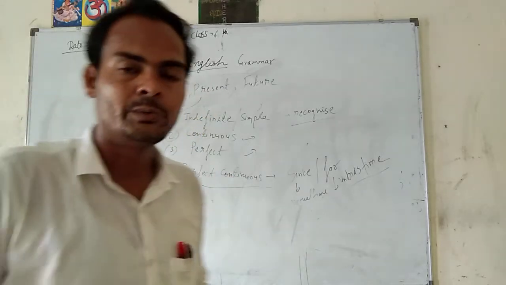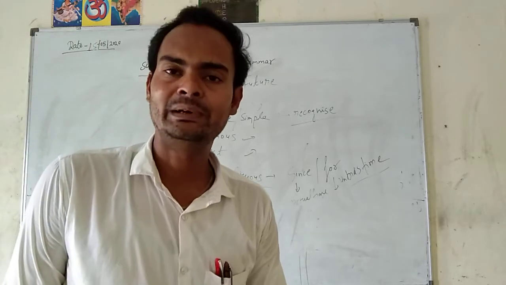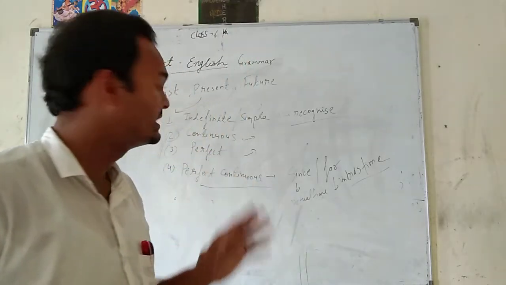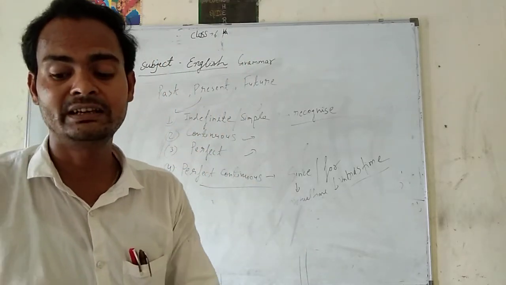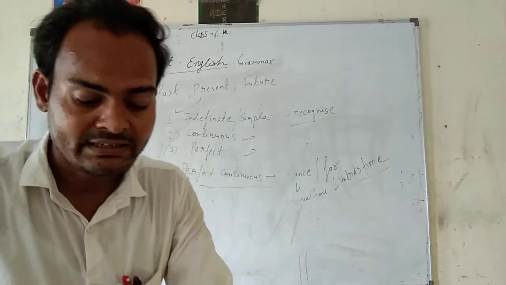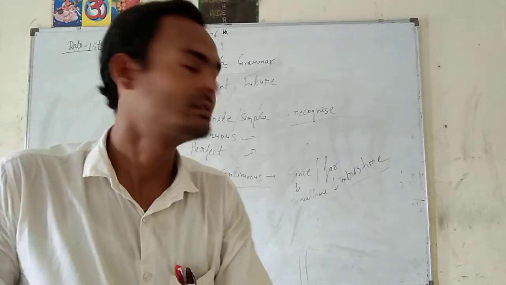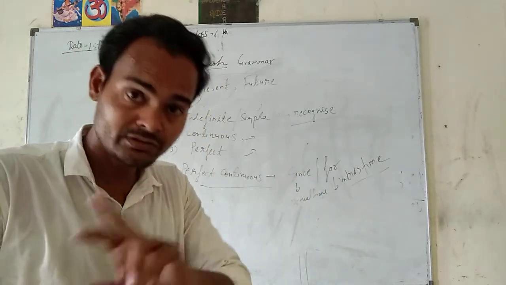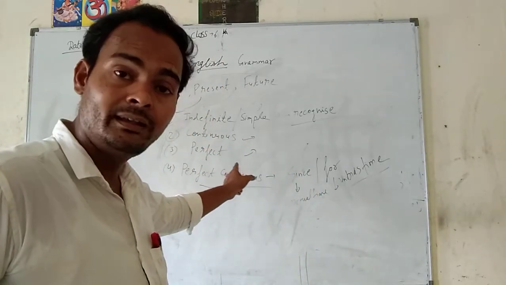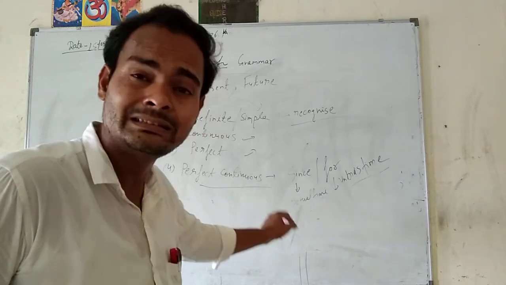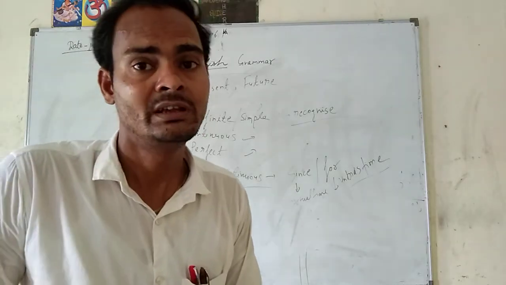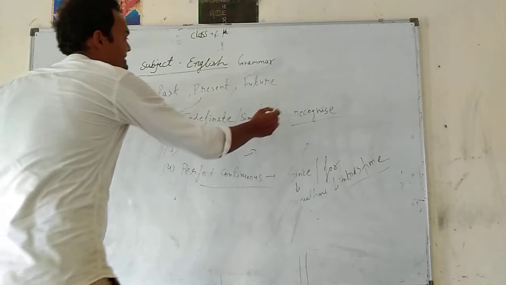Now it is time for simple or indefinite tense of present. In present indefinite tense, the incident of present time is not running on, is not completed, and is not partially completed or partially running on.